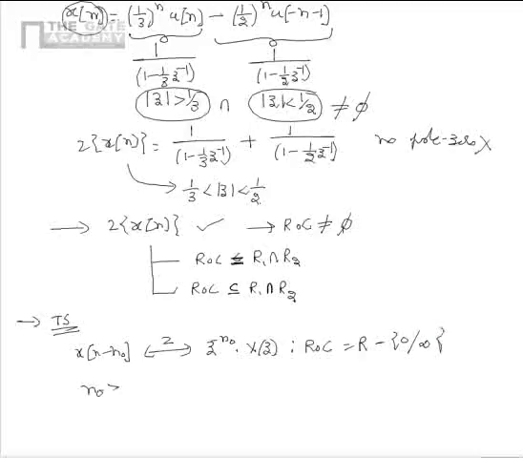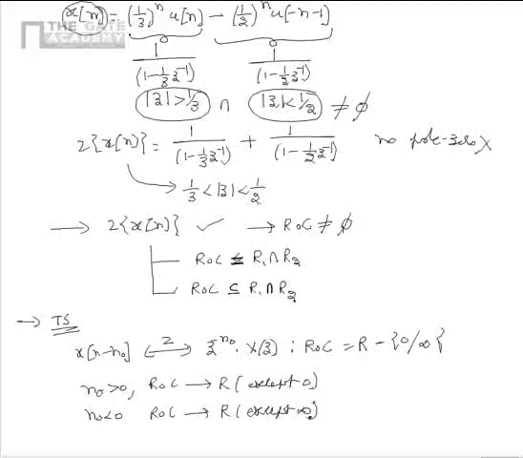That is, if n naught is greater than 0, ROC is complete except 0. If n naught is less than 0, the ROC is complete except infinity.